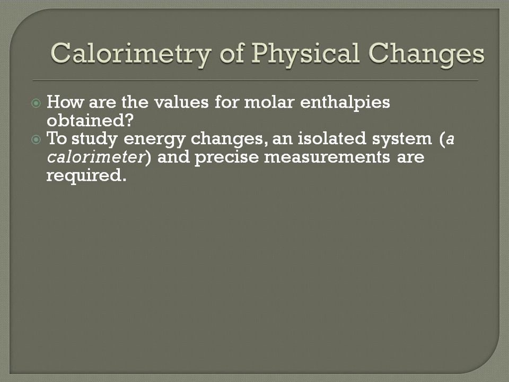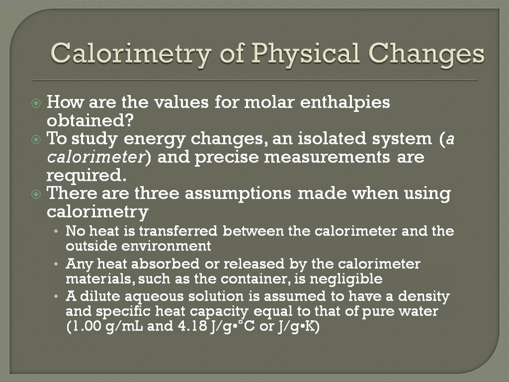Well, first off, to study any energy change, we have to have an isolated system. So what we're going to use for that is what's called a calorimeter, and we're going to use very precise measurements. When we do calorimetry and these lab experiments, we're making 3 assumptions. The first assumption is that no heat is transferred between the calorimeter and the outside air or environment.